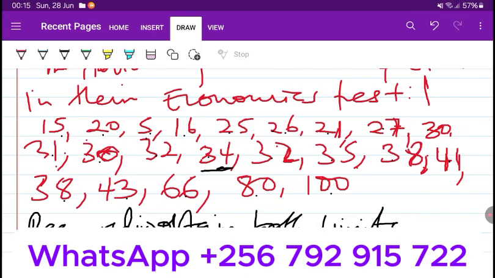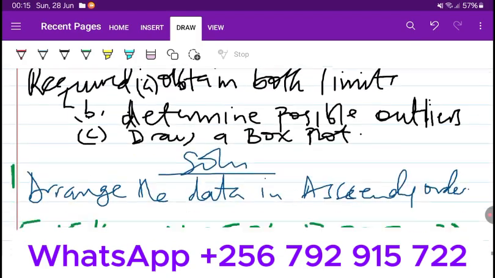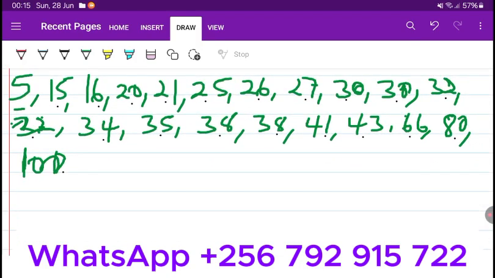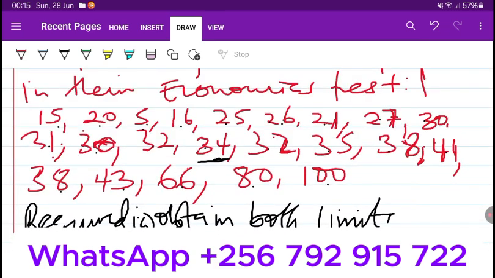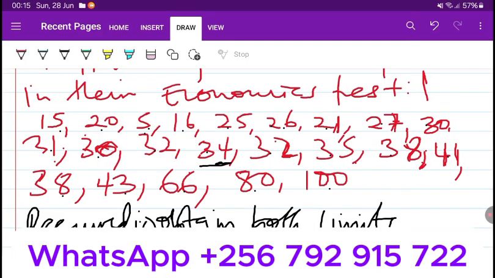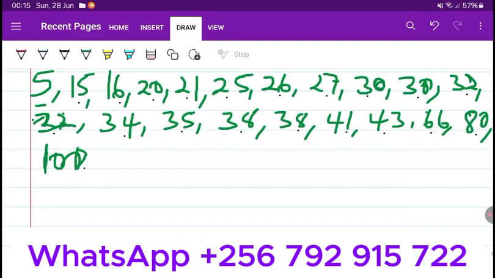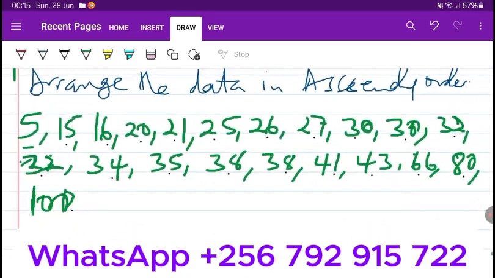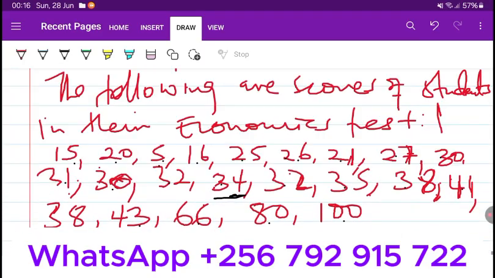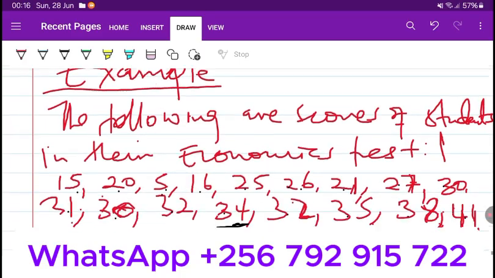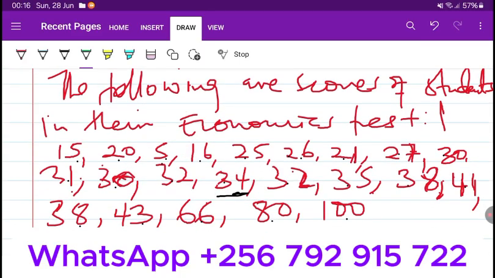There is something that I want you to get, that we shall learn more. The 34 is already there. Which number did we skip? We skipped 31. So let's include the 31. But since we have already arranged this in order, let's just change this value, something small that I want to show you.